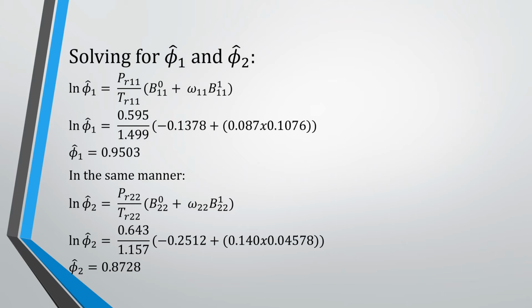So substituting the values that we calculated previously, we obtain that the fugacity coefficients of ethylene and propylene in the solution are 0.9503 and 0.8728 respectively.